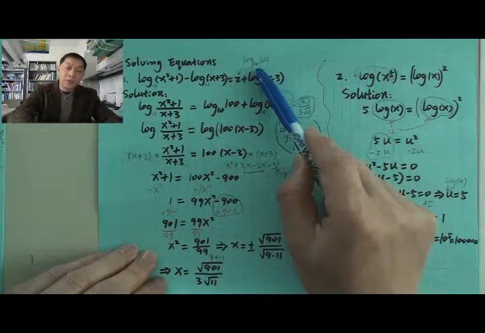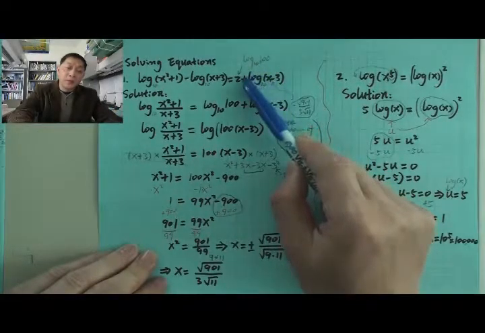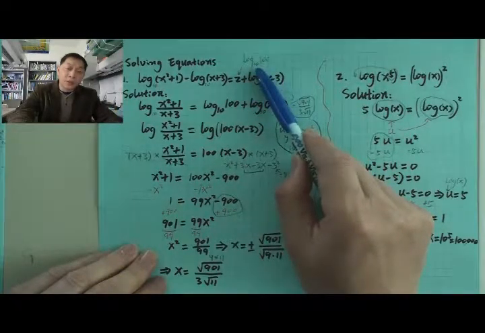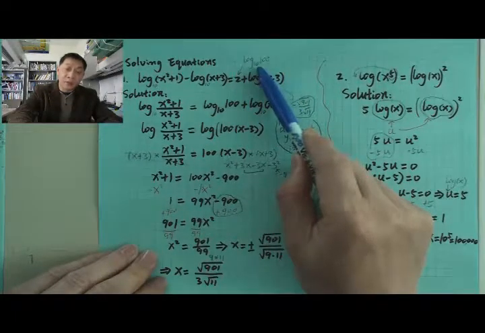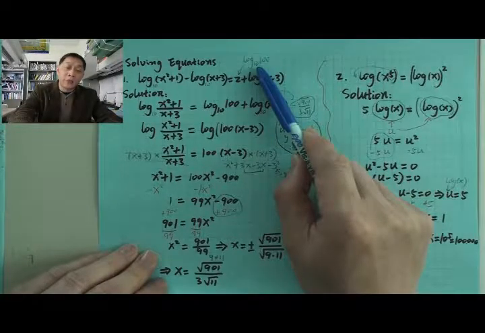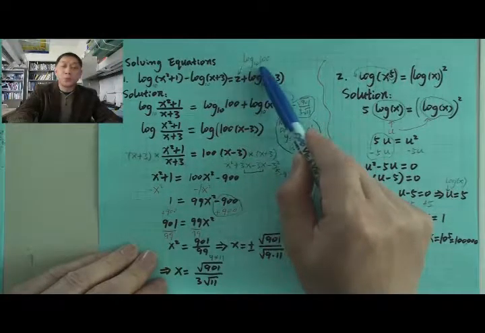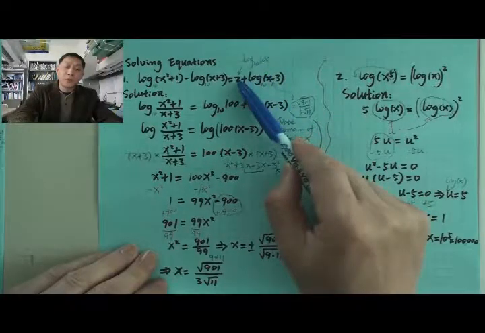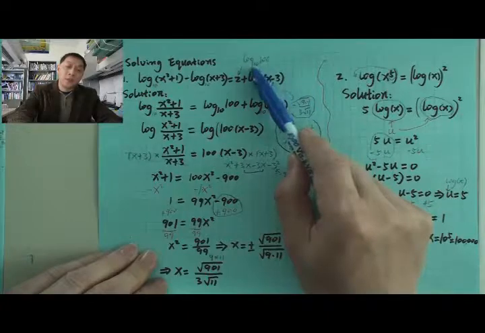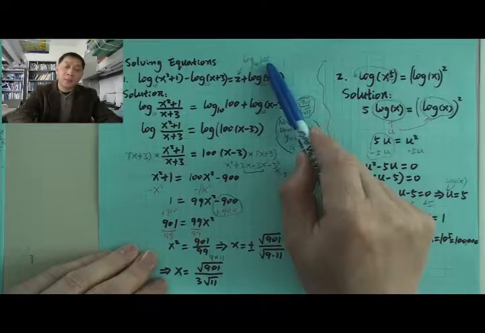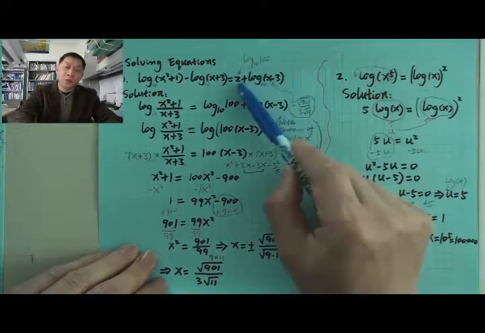If the base is 10, this 2 must be the exponent of this 10. 10 to the 2 is 100, and log base 10 of 100 is 2.